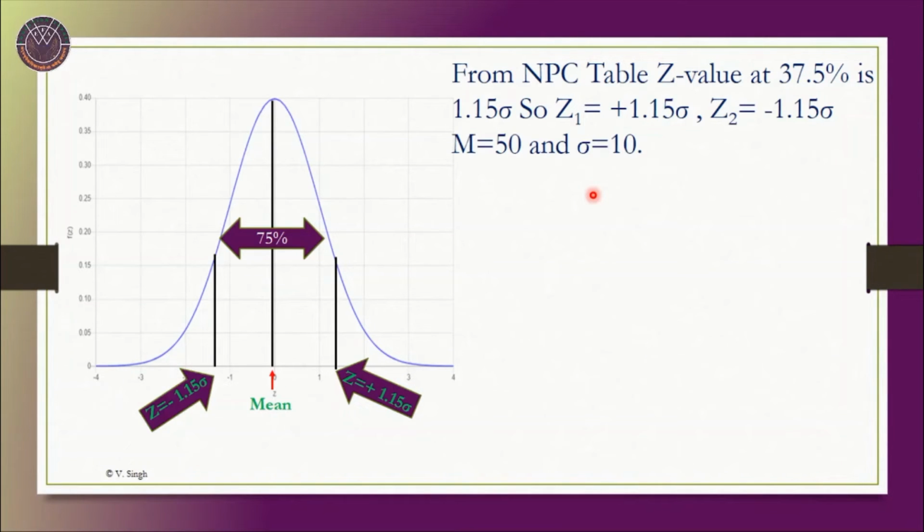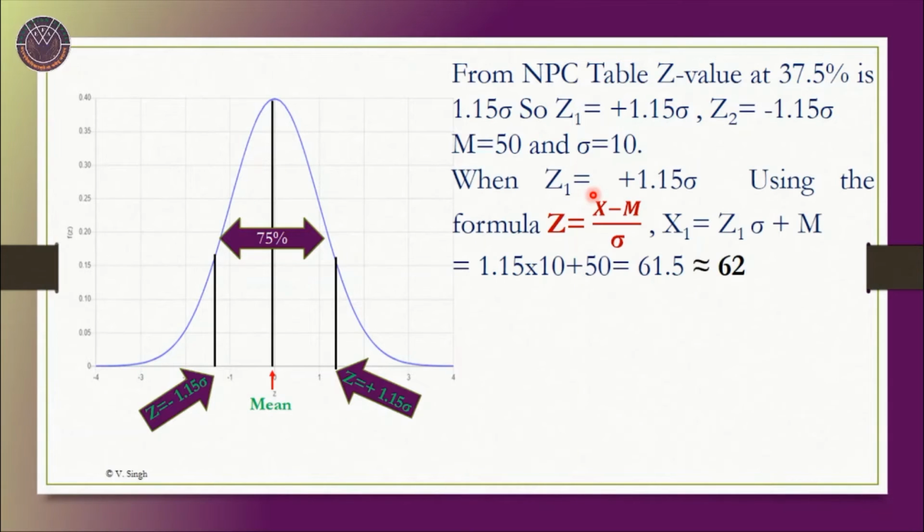Now that we have the Z score values, we also have the mean value as 50 and sigma as 10. So using the Z scores, mean and sigma values, we can go to the raw score. When Z1 is plus 1.15 sigma, using the formula of Z score, Z equals x minus m by sigma, we have x1 equal to Z1 sigma plus m. Solving this, we get x1 as 62, rounded. So at plus 1.15 sigma, the x value is 62.